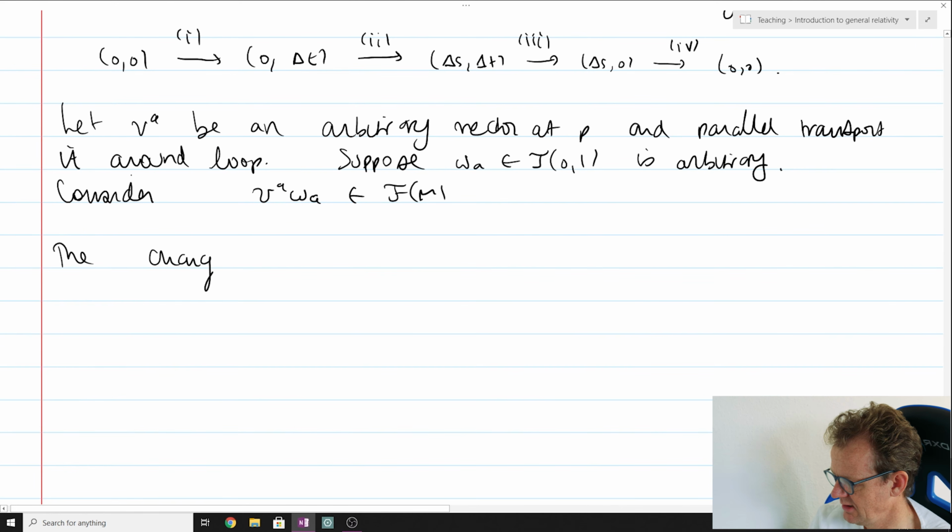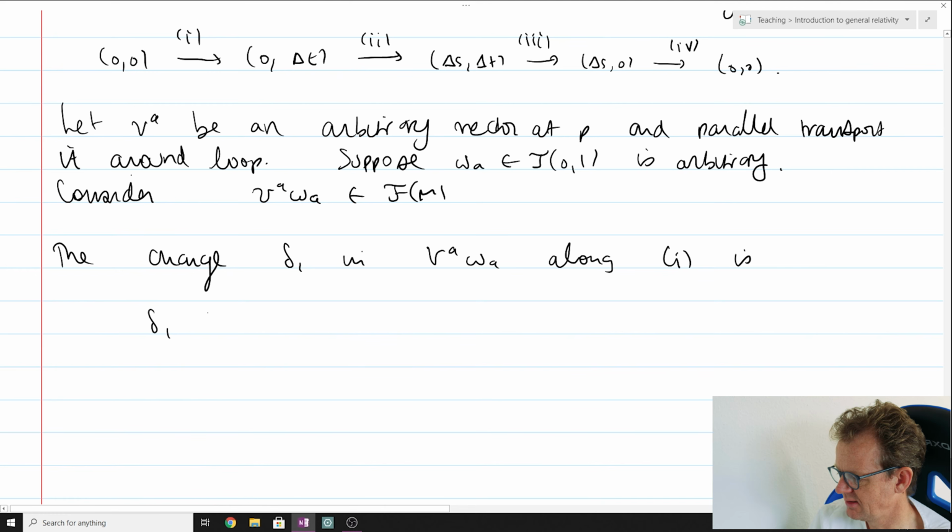Now let's look at the change in this scalar function along the first part of our little loop. How is it defined? Well, we're going to make an infinitesimal loop, or said equivalently, we just consider things to first order.